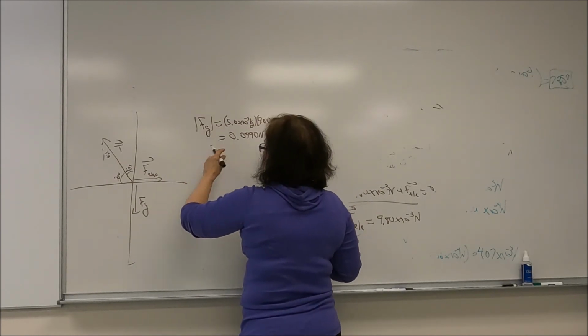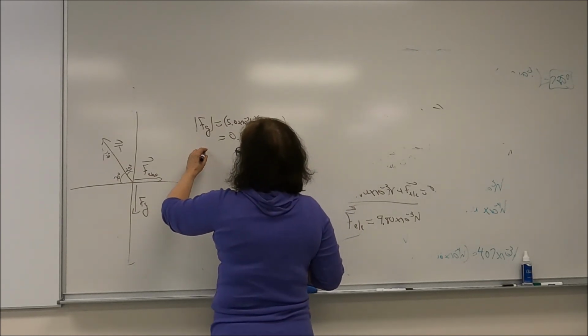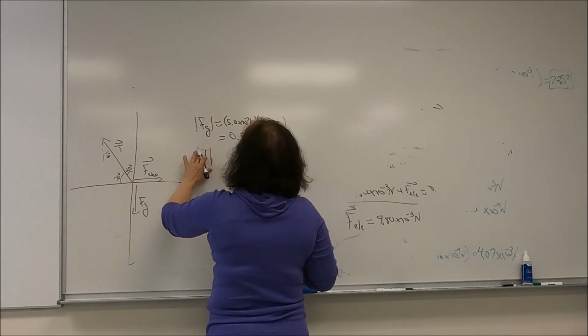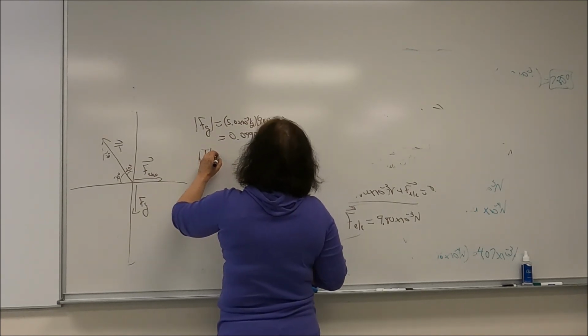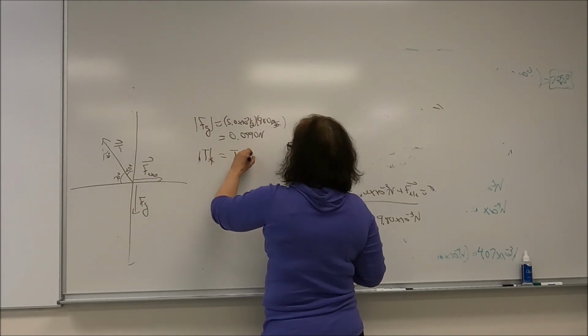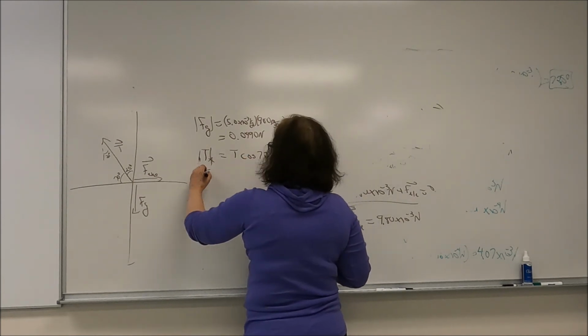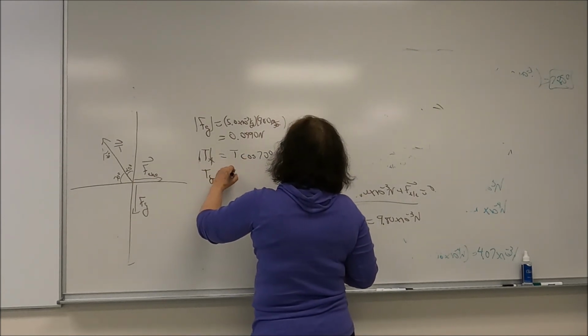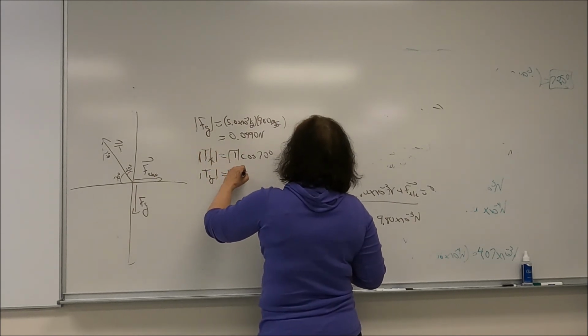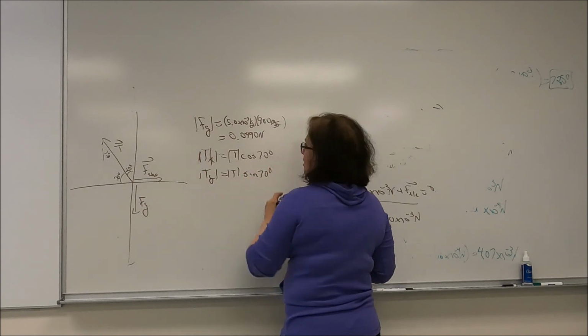And the tension force I don't know, but I know that there's going to be a Tx, and Tx is going to be T cosine of 70 degrees, and Ty is going to be T sine of 70 degrees.